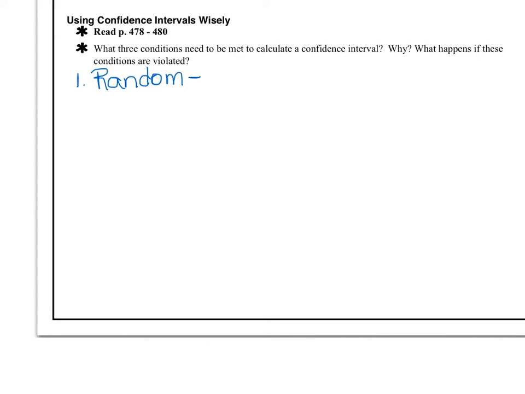And by random we mean that the sample must be taken using a random method.